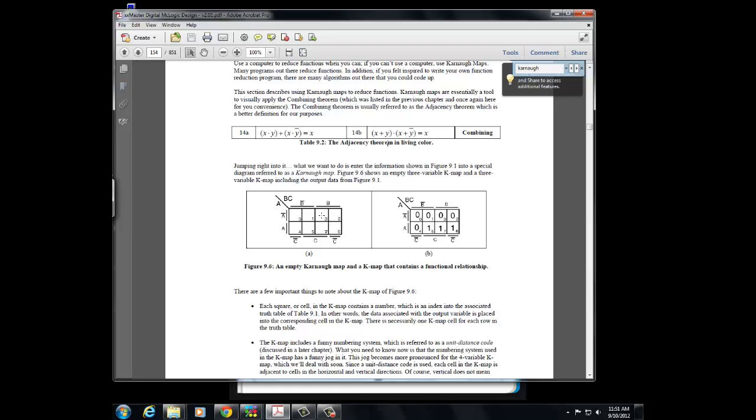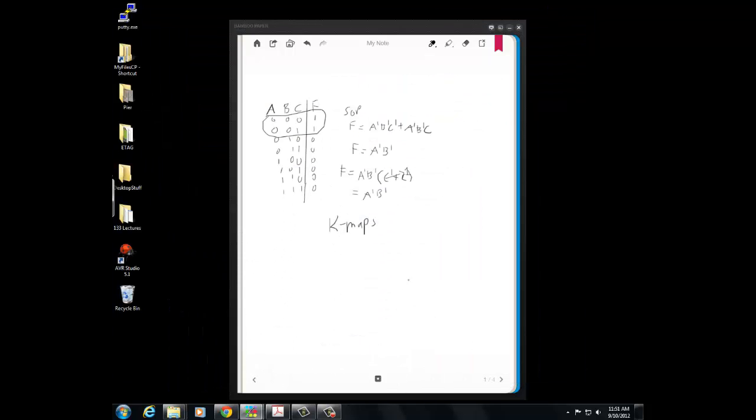Well, the ordering of a Carnot map is based on what's known as a unit distance code. And what is a unit distance code? It means that adjacent cells, or numbers if you're just talking about the code, have only 1 bit difference.